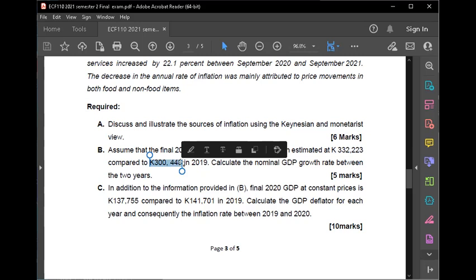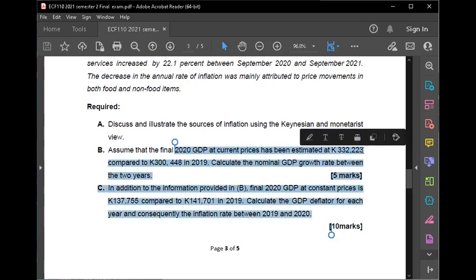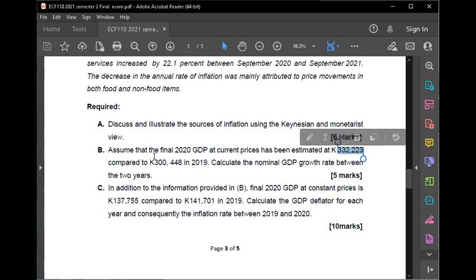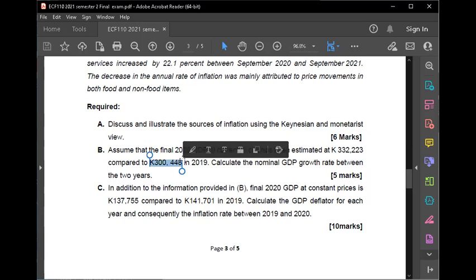So the GDP in 2020 has been estimated as this one. So this is the current, minus the initial, which is the GDP for 2019, then divided by the GDP for 2019, then times 100. That's how you calculate the nominal GDP growth rate.